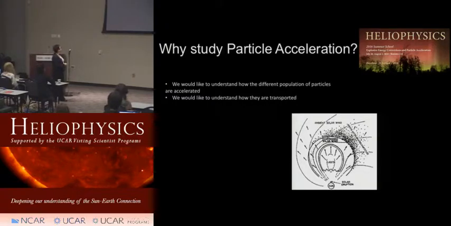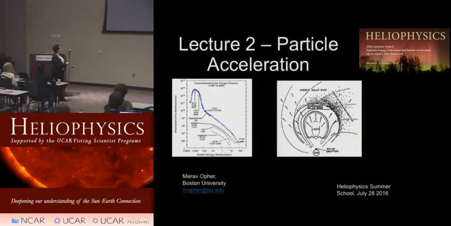And we also would like to understand how they are transported. Because part of the frustration in the field is that you see a spectrum of particles like here. You detect it at a certain spacecraft, and you have to infer where this spectrum was accelerated, for example, in a shock, where in the shock, how low in the corona. But you also know that in general, there are hundreds or 200 solar radii over which these particles have to be transported.